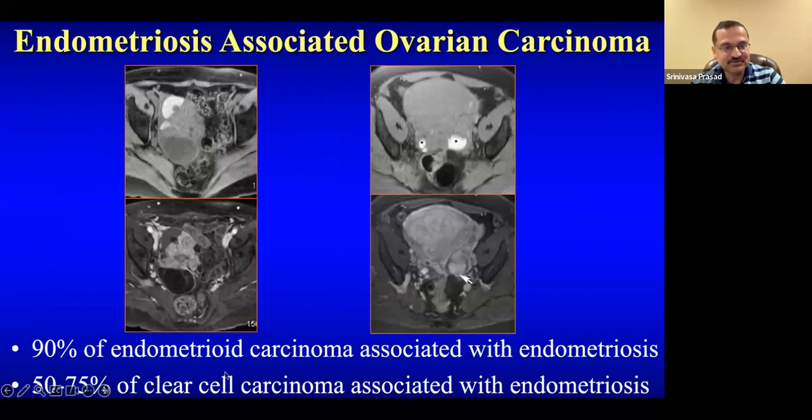Almost 90% of the endometrioid variant of ovarian cancers are associated with endometriosis. Almost 50 to 75% of all clear cell carcinomas of the ovaries are associated with endometriosis.